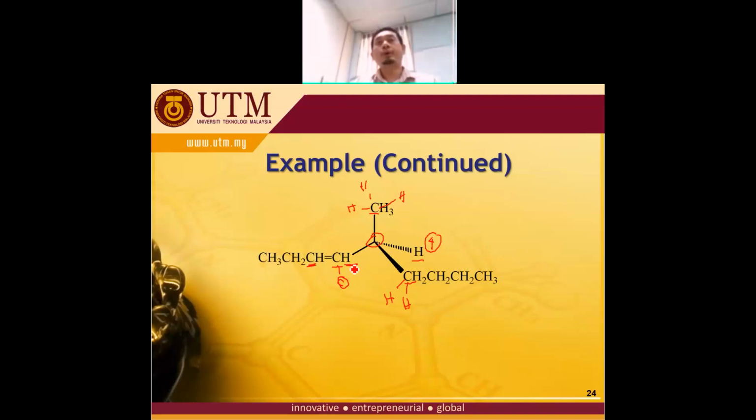How to solve it? We look at the highest atomic number. We do not combine or total up, but we look at the highest atomic number among these 3. So here we have carbon, the highest one also carbon, and this one, the highest one is hydrogen.